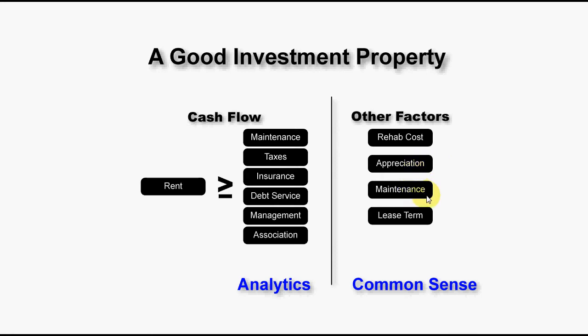If the house has a lot of maintenance and is going to have a lot of maintenance, that's a big factor as well. What if you considered getting a property in, say, a student area? Most of those lease terms are going to be by the quarter or semester. That's not a very good way to have a sustained cash flow. So analytics will eliminate bad properties, but common sense selects good ones.